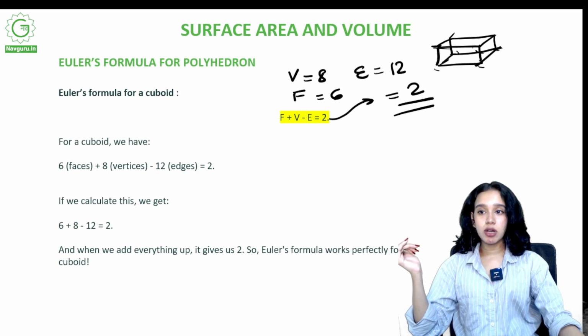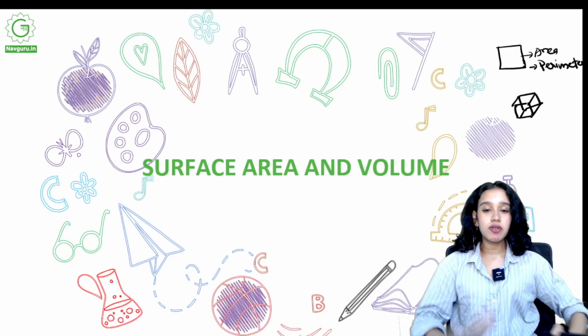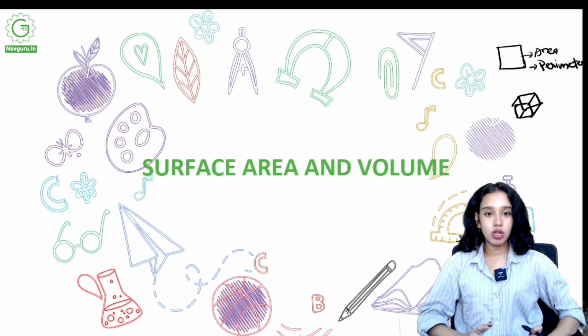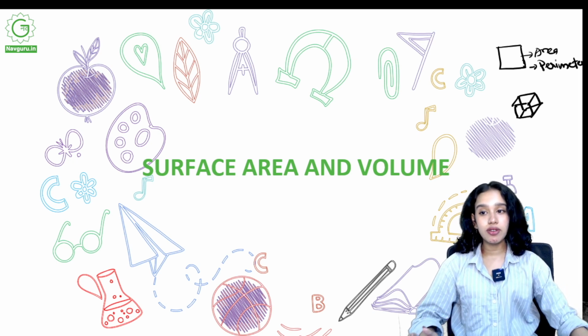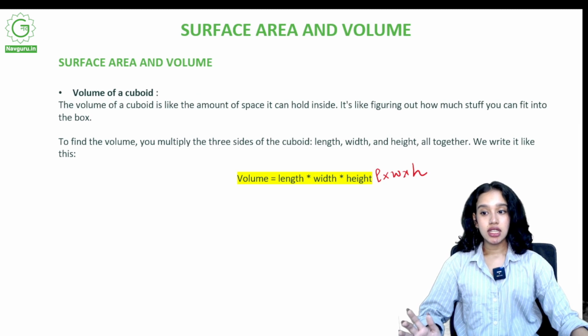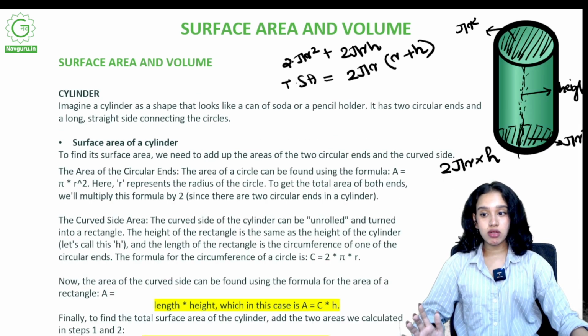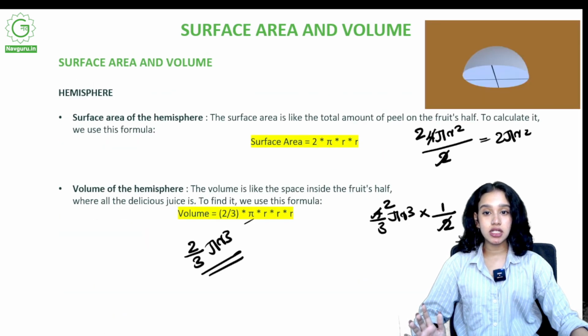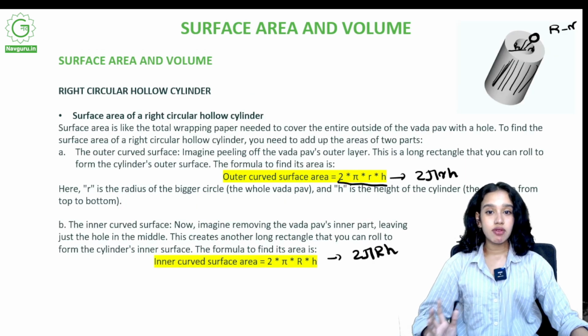So what did we talk about in this chapter? In this chapter, we discussed how to find the volume and surface area of different 3D figures, including cube, cuboid, then cone. We talked about cylinders, spheres, and hemispheres, and we found the surface area and volume for a right circular hollow cylinder.